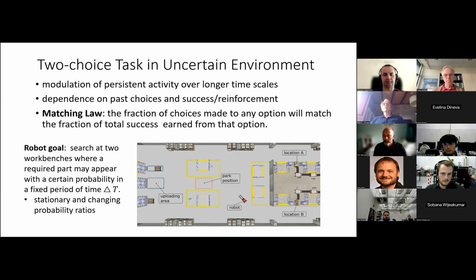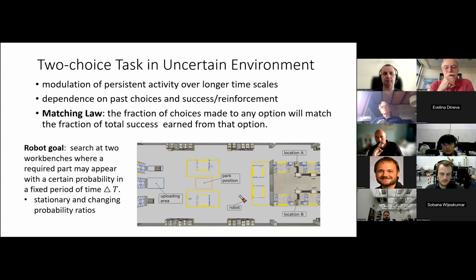The probabilities of appearance at locations A and B are not correlated. Maybe we have, for instance, 30% at location A and 40% at location B, or 50-20, 30-70, so different probability ratios. We have worked with stationary as well as changing probability ratios. So it picks the object up and brings it to the upload area. So this is kind of a robotic experiment.